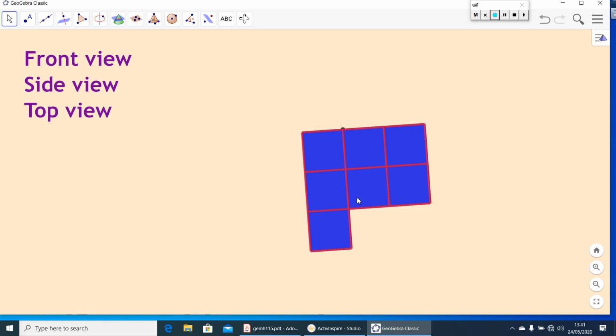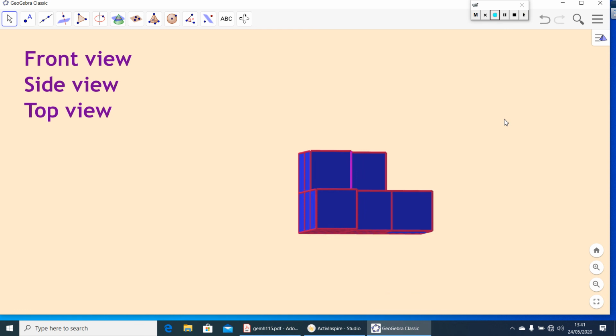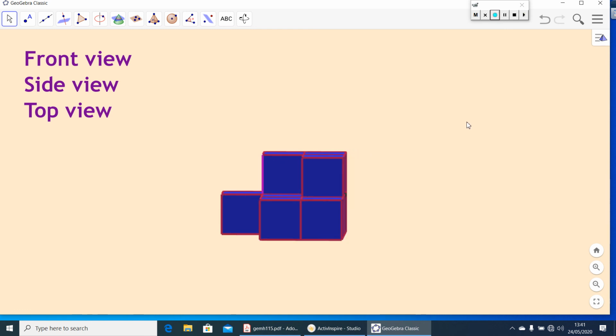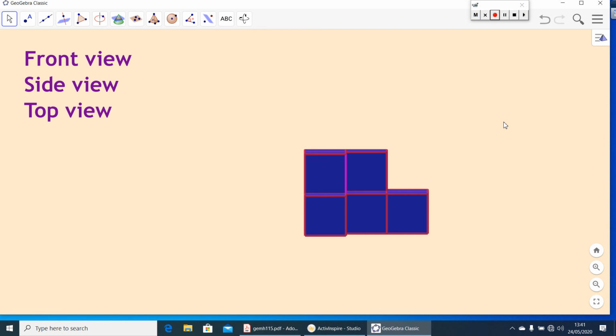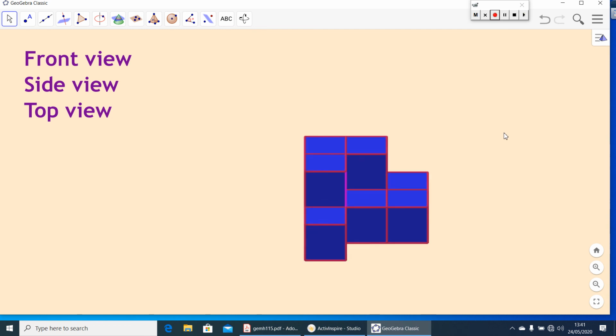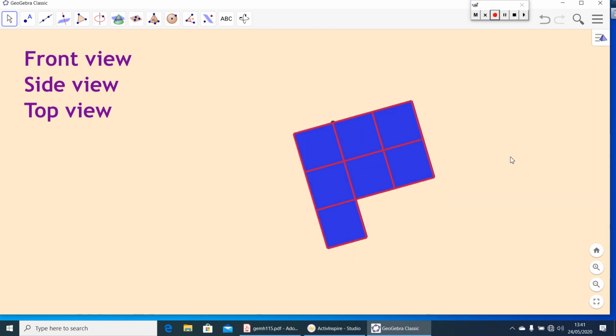So these are the main 3 views. This will be the front view. You can get it as side view and last top view.